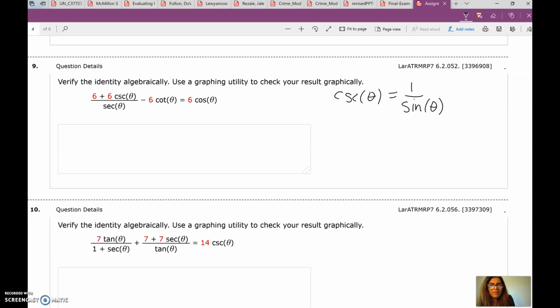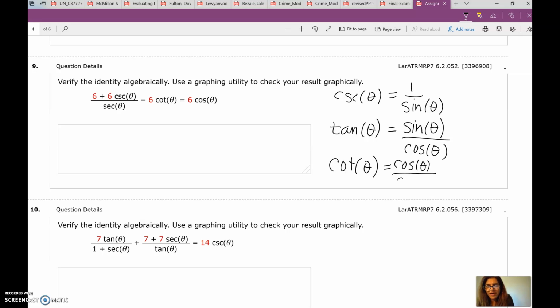And we also remember that tangent is equal to sine over cosine, which means that the cotangent is equal to the cosine divided by the sine, and that the reciprocal function secant equals 1 over cosine.